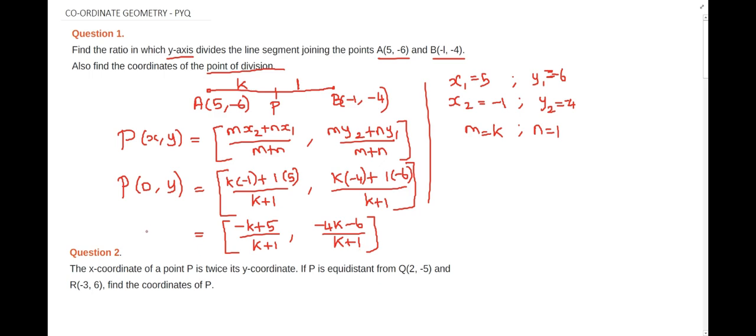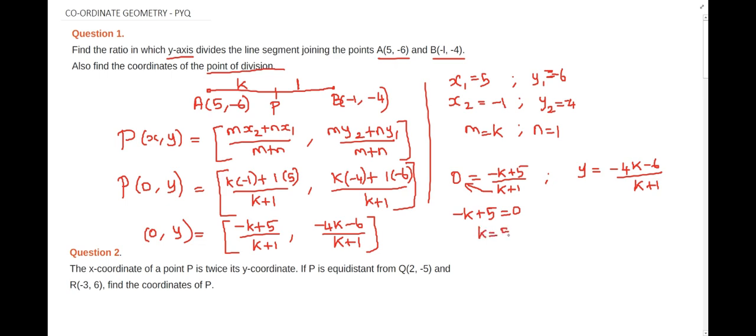Now comparing the corresponding coordinates on both sides, 0 equals (-k + 5)/(k + 1) and y equals (-4k - 6)/(k + 1). In the first term, if you simplify it, just cross multiply this k plus 1 here. So you get -k + 5 equal to 0.